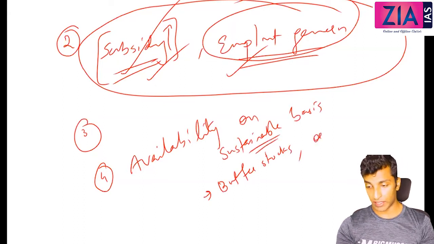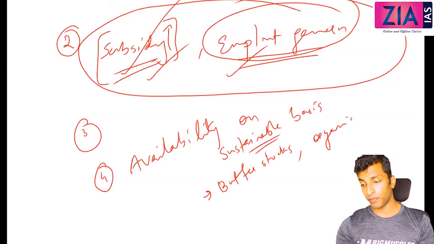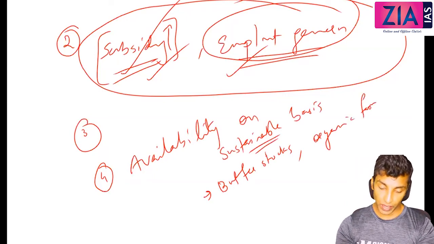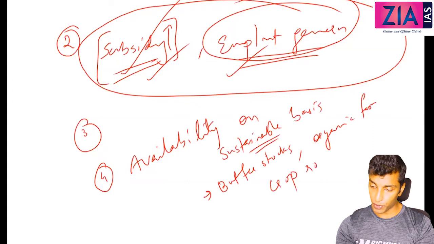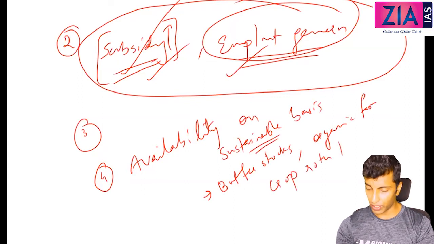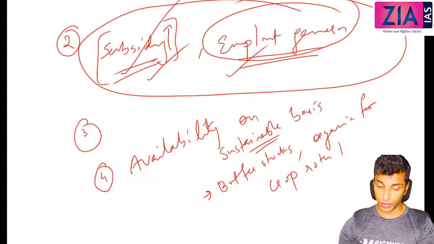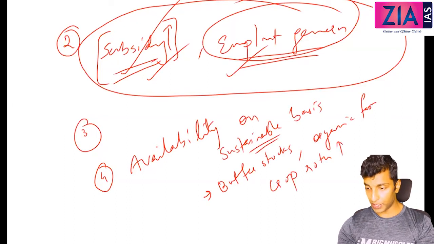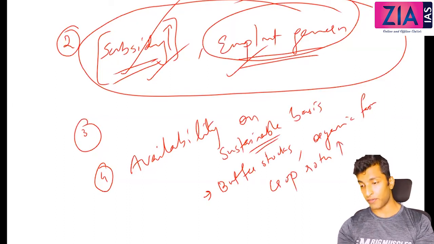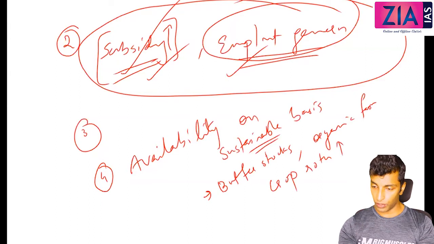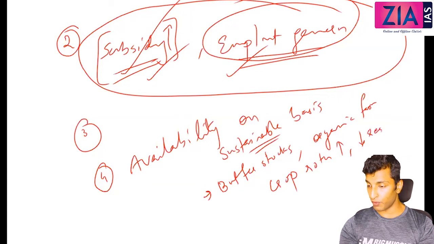When we talk about sustainability, we can talk about organic farming. You can also discuss crop rotation. See, these are open to you. Whatever knowledge you have, you can write here. So crop rotation, that means crop diversification. All these are good for sustainable agriculture. And then decrease resource use, like decrease the use of water, etc.